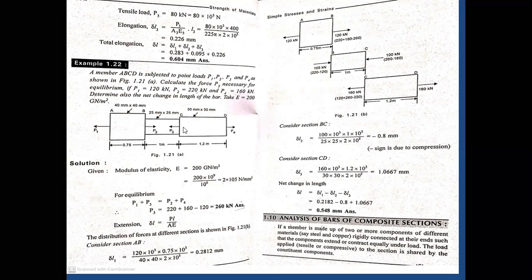In between these two, P2 and P3 act in the opposite direction, in a compressive way. Calculate the force P3 necessary for equilibrium. We know the values of P1, P2, and P4, and we need to calculate the value of P3.